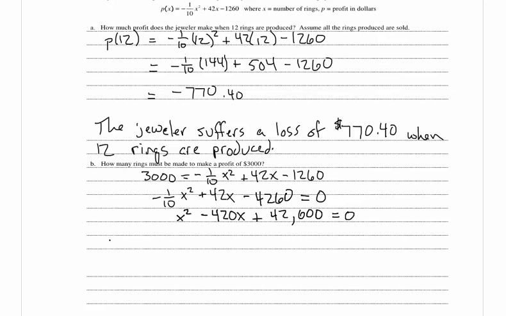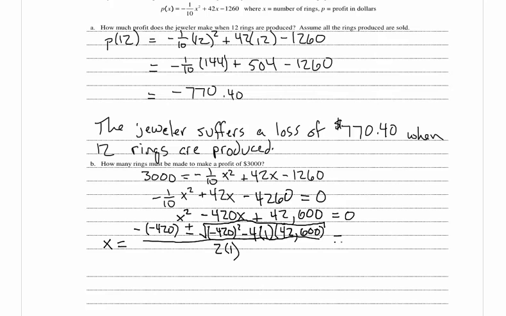So now we can say that x is equal to negative negative 420 plus or minus the square root of negative 420 squared minus 4 times 1 times 42,600, all divided by 2a, which is 2 times 1.